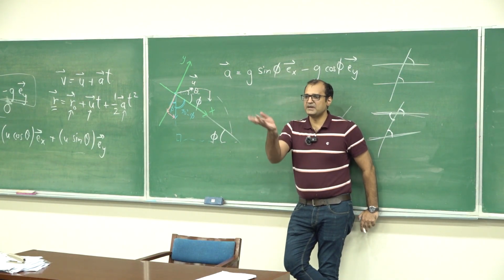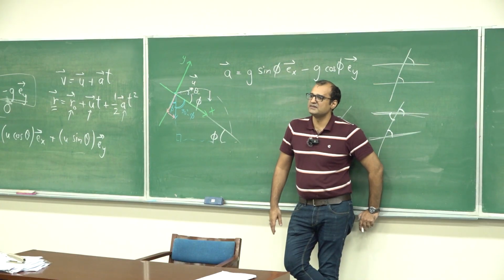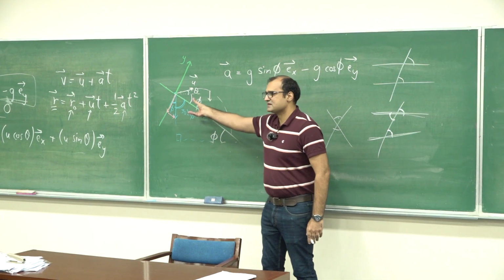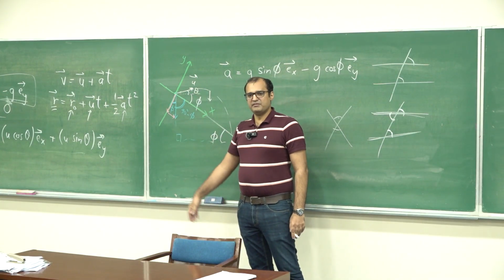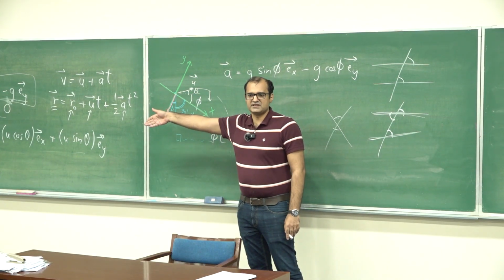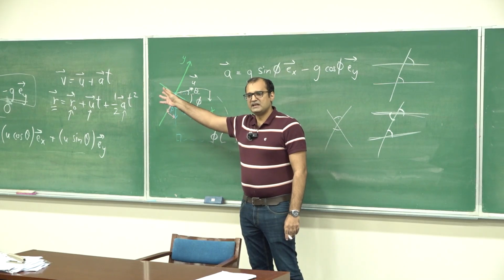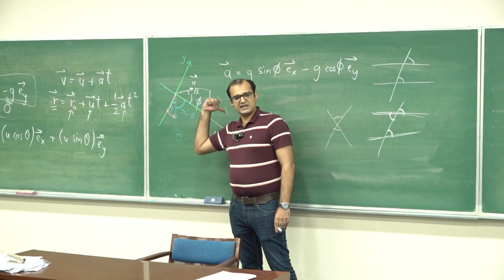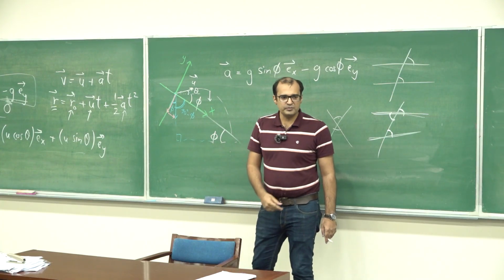And when I rotate my axis, I pick up these factors of sine and cosine with the x component and the y component. My y component will still have a negative sign, and the x component, if I choose my axis like that, will have a positive sign because it's going to point down the slope.